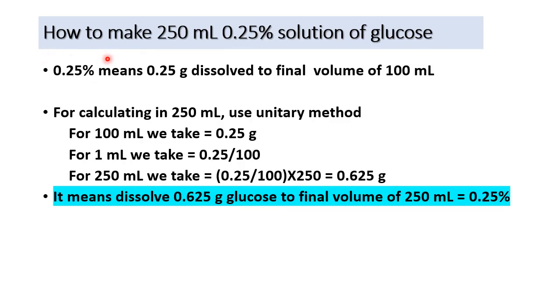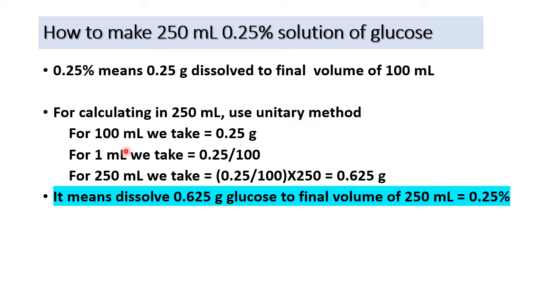Another type of calculation is percentage solutions. Like if you want to make 250 ml of 0.25% solution of glucose, how to make that? For this you use once again the unitary method, which is quite simple.